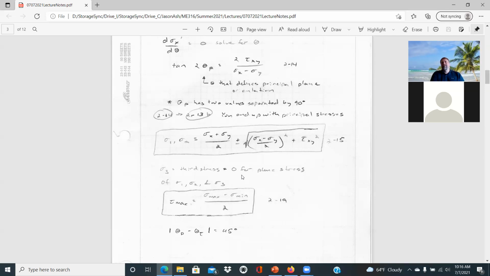And so you'll even see it show up in textbooks like that, where tau max then is sigma 1 minus sigma 3 divided by 2. I always like thinking of it as sigma max, the maximum value that you have, minus the minimum value, where this is the highest, most positive value or closest to positive value, and minimum is the largest, most negative value, or the value that's closest to a negative value.